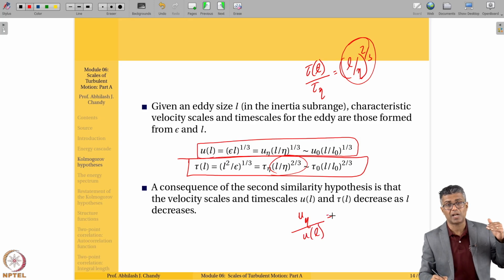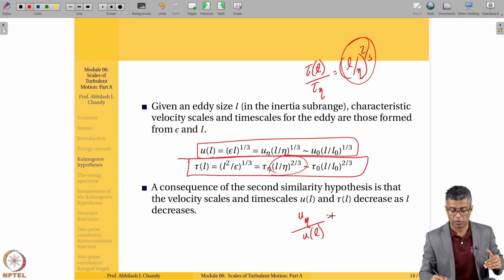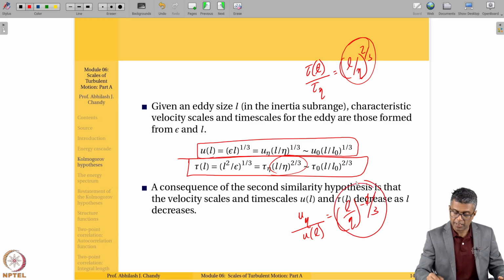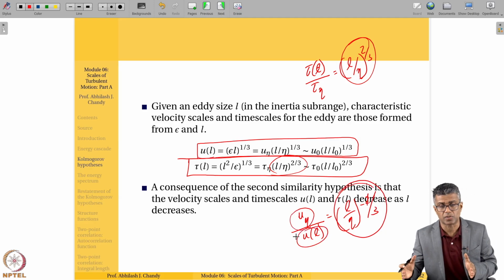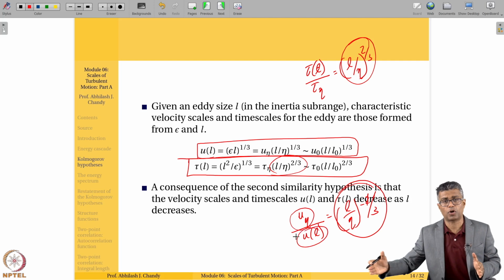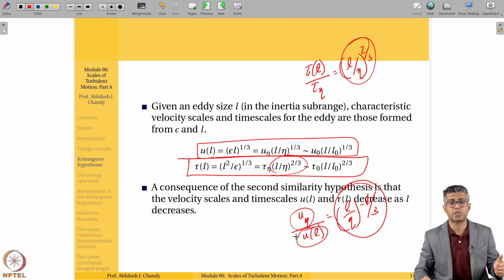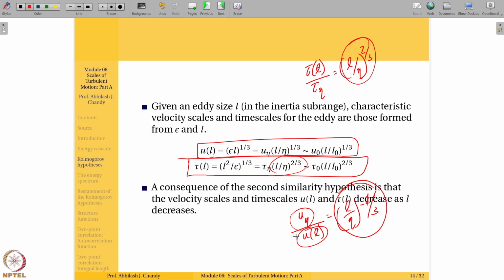Kolmogorov velocity scale divided by inertial range velocity scale, I will have (L over eta)^(-1/3), a number that is going to be less than 1, which means u eta is less than u of L. So as the length scale decreases, when we go all the way to the Kolmogorov scale, your time scale decreases and your velocity scale also decreases. So I hope this was clear.